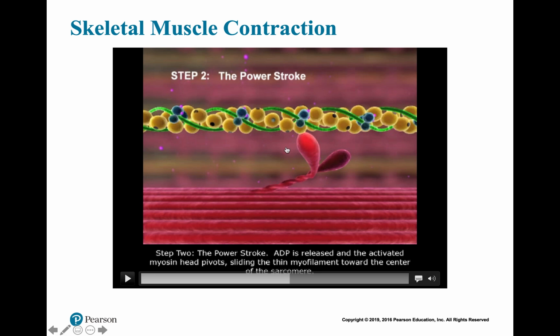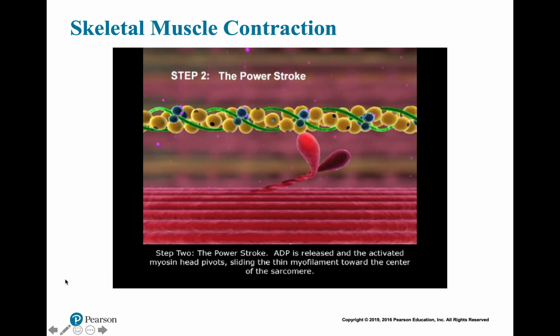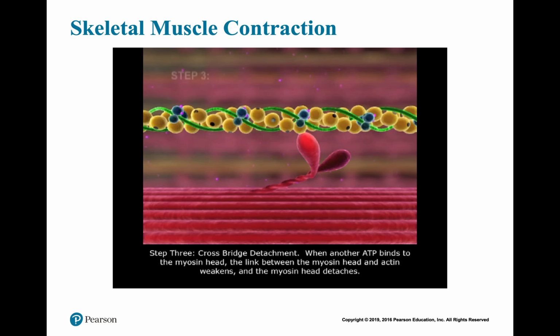That power stroke causes the actin filament to be slid in towards the M line, sliding the thin myofilament toward the center of the sarcomere. Step 3. Cross-bridge detachment. When another ATP binds to the myosin head, the link between the myosin head and actin weakens, and the myosin head detaches.